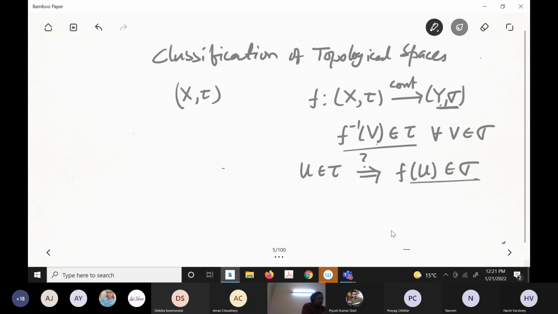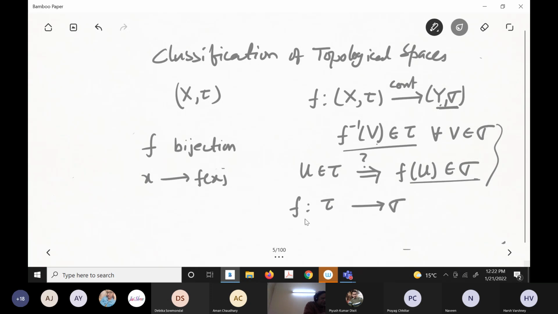So now suppose in addition f is a bijection, then look, I can identify X with f(X) first of all. Now suppose I have these two, continuous and this. That means f will give you a bijection between tau and sigma. f will give you a bijection between the open sets.